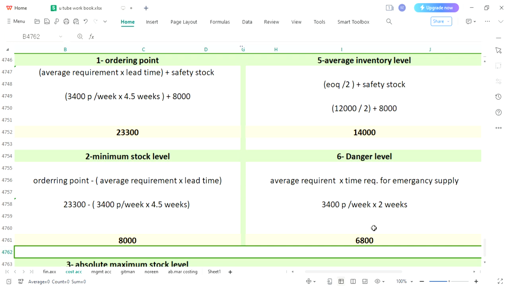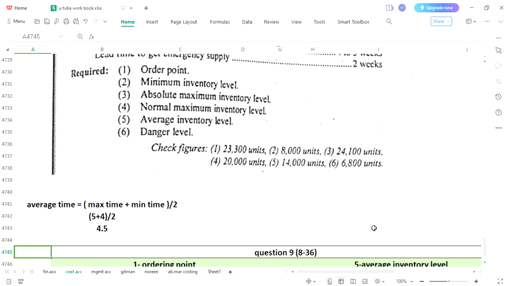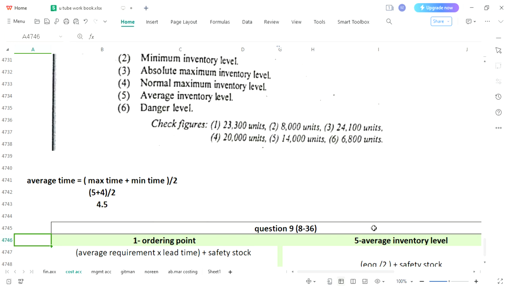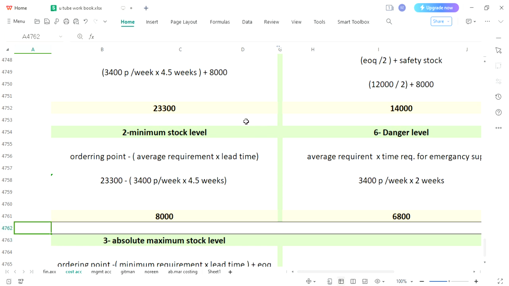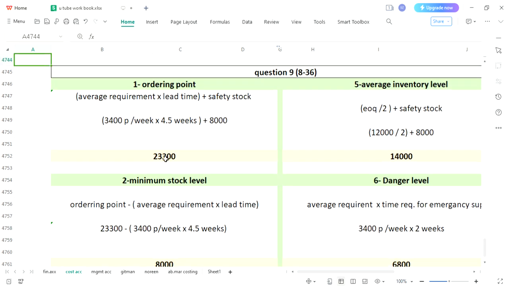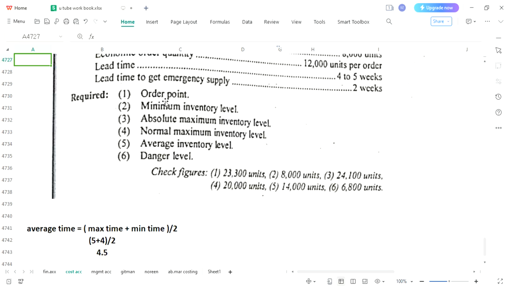Though we have taken care, I am suggesting you, whenever you are solving your question in your exams, before leaving this question, just review it again. Sometimes it happens, a smaller part can be left. Our first answer, ordering level 23,300. Then second answer, minimum inventory level 8,000.